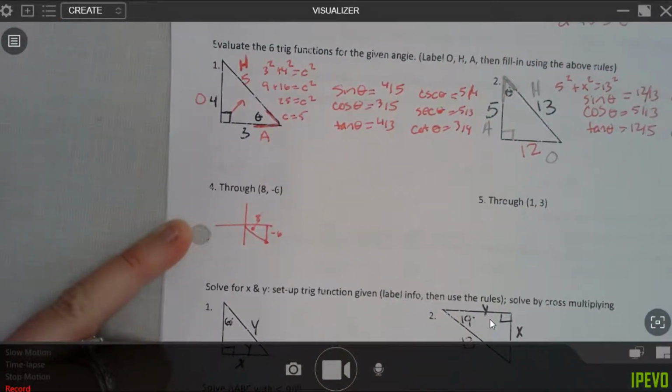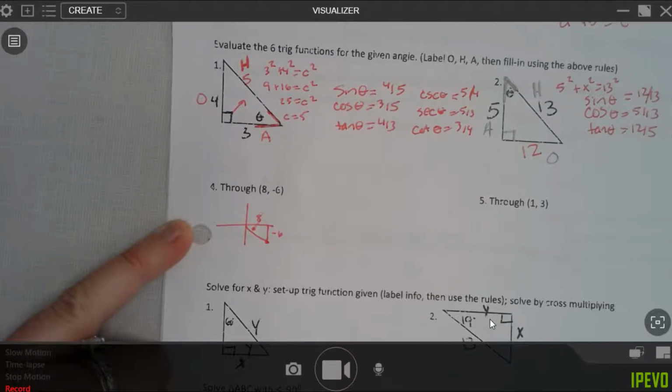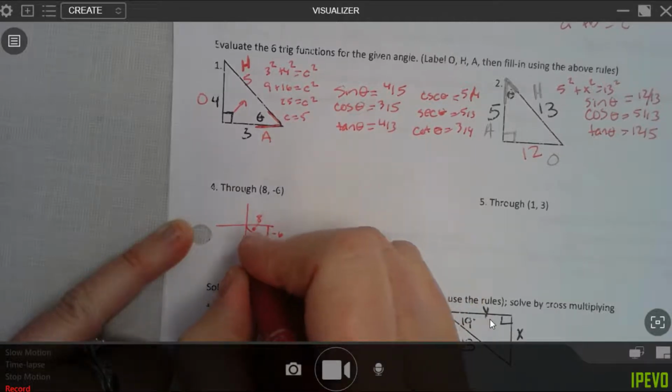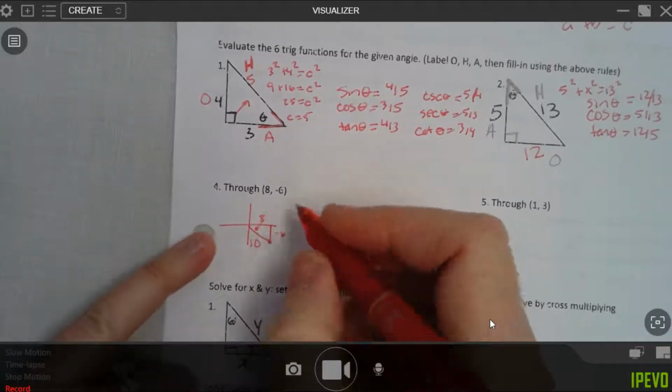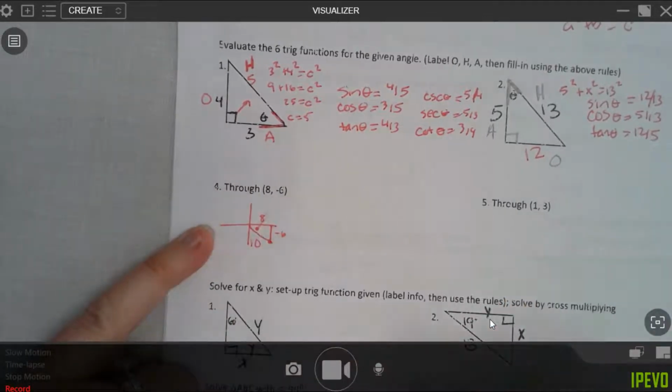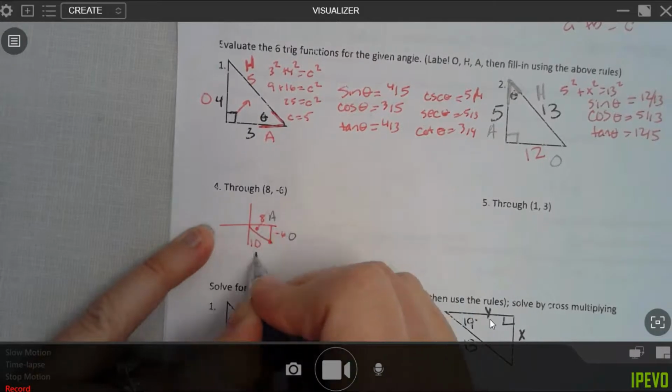That should be 10. So you get the square root of 100. So then we're going to label this as my adjacent, my opposite, and my hypotenuse.